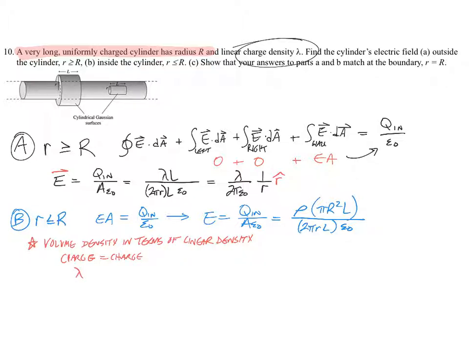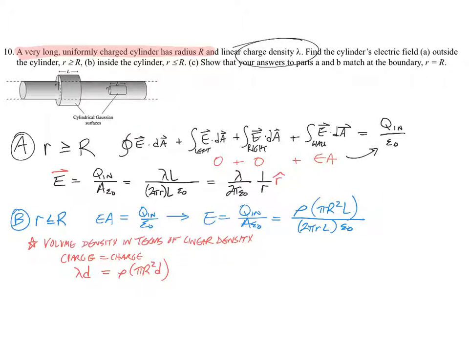So linear charge density times D, we'll just use D for the cylinder length, would have to equal the volume charge density times the cylinder volume in those same terms. So really all I did there is put linear density and volumetric charge density into an equivalence relationship based on the thing that converts that density into charge.